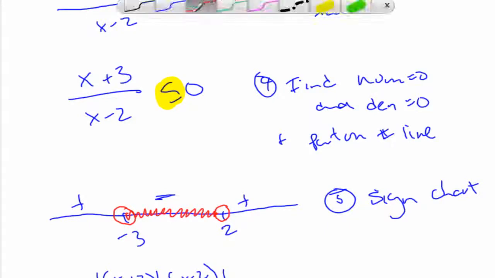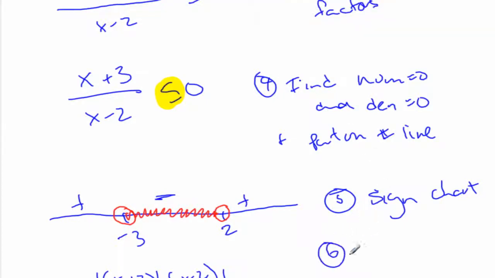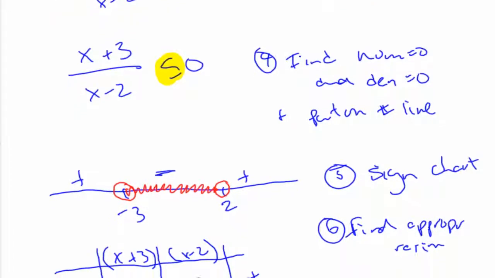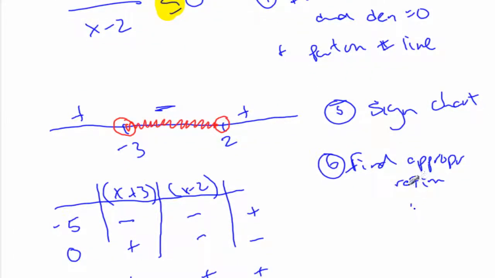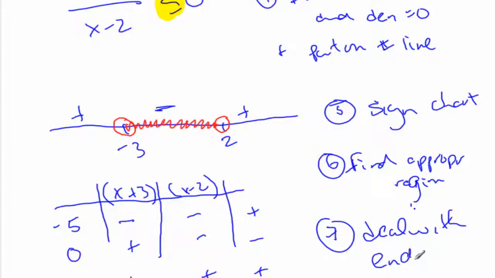Let me go to the steps here. Step 6, find the appropriate region. And then number 7 is deal with endpoints.